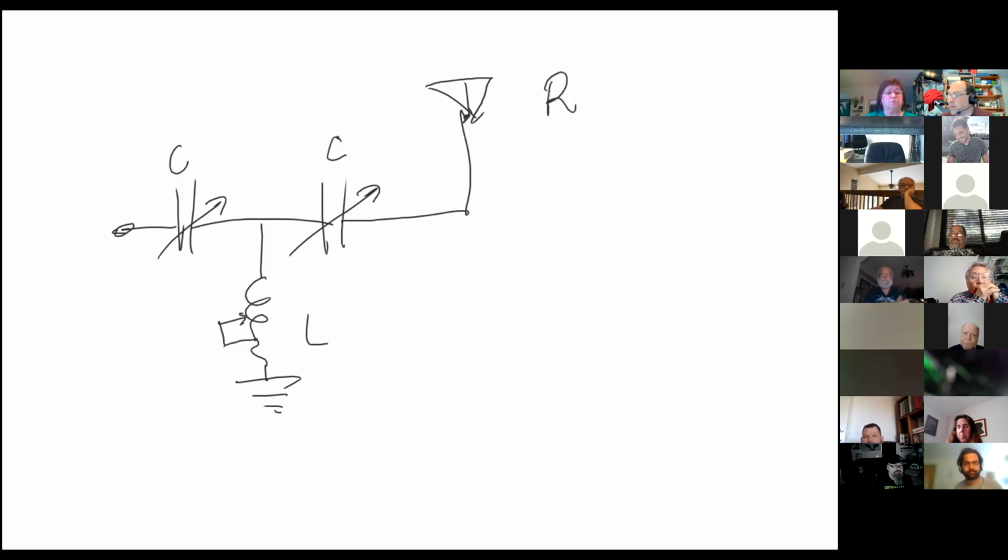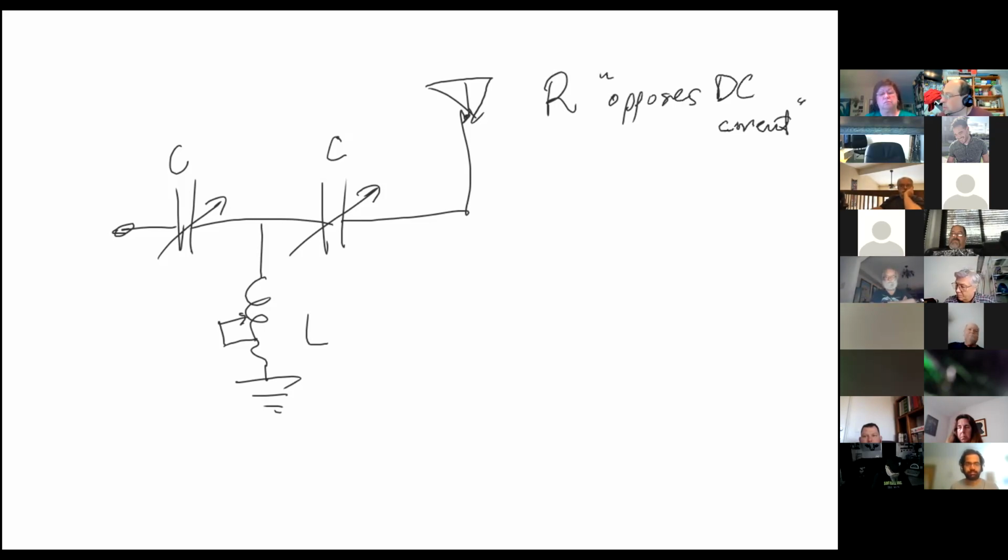Does everyone remember what resistance is? It opposes the current. Well, in particular, resistance is the opposition to DC current.